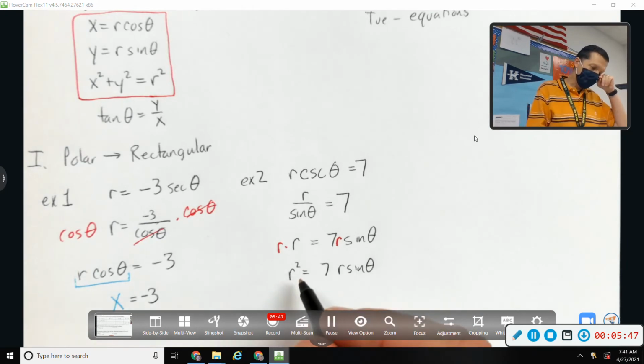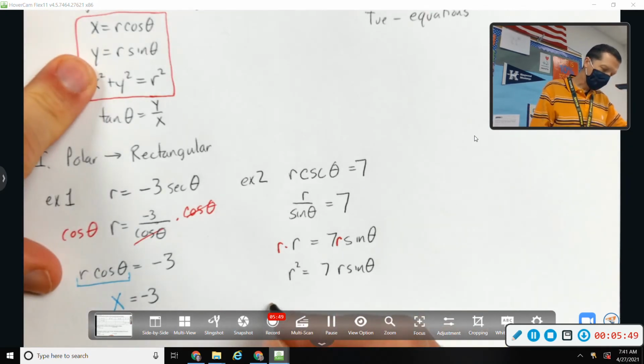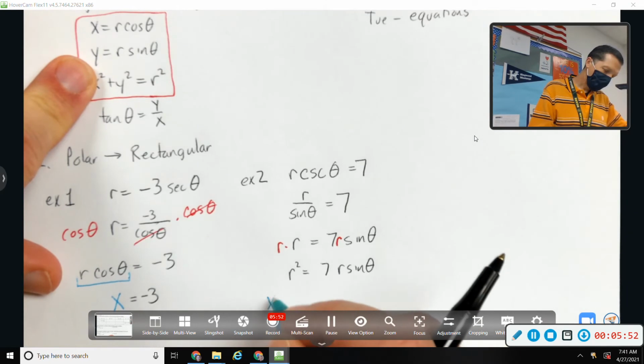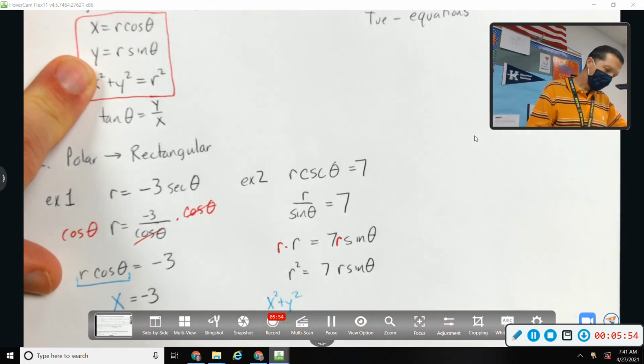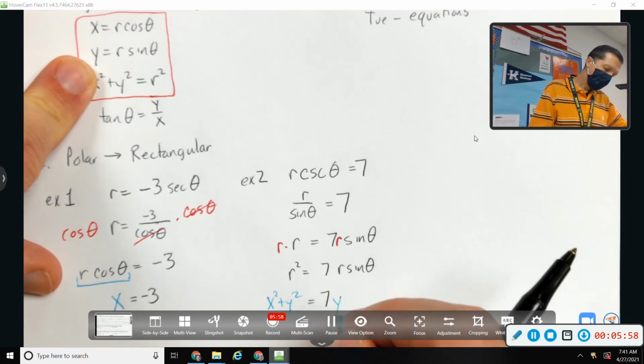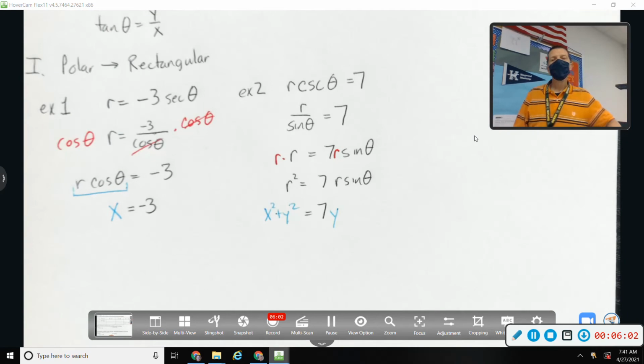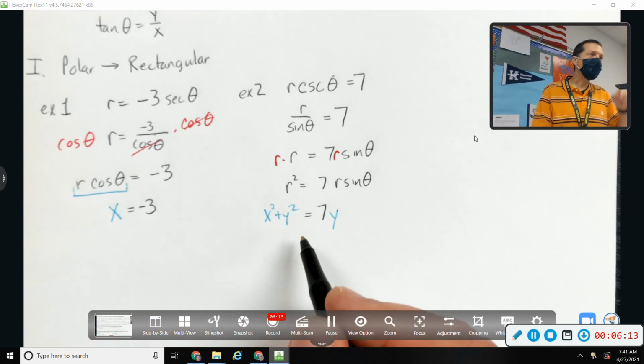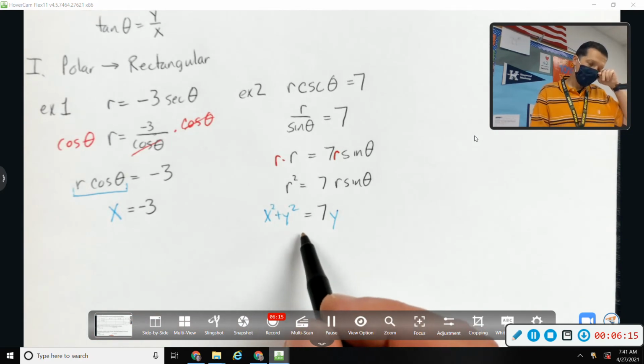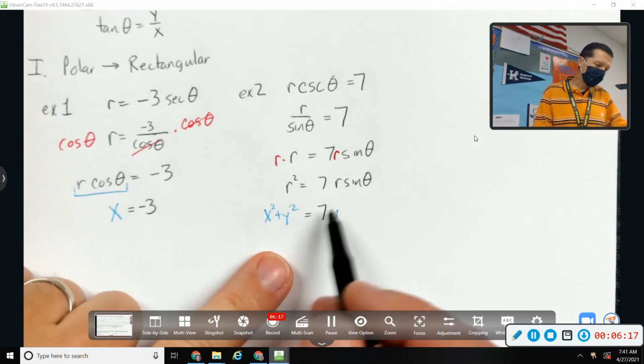And r squared is equal to x squared plus y squared. So x squared plus y squared equals 7y. And that would end up being some kind of circle. I don't know if you remember formulas for circles, but they look something like that.